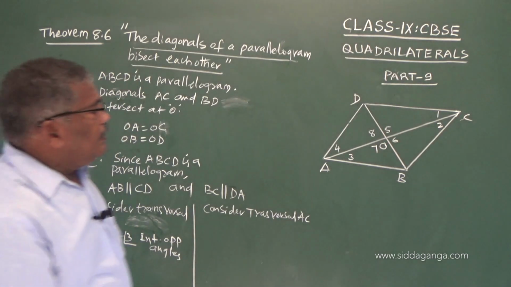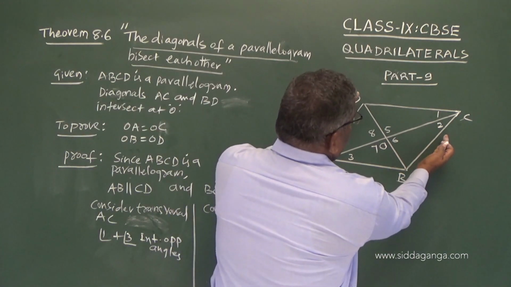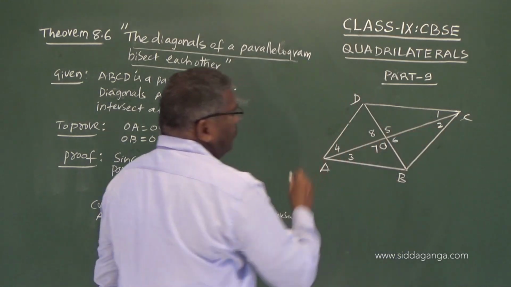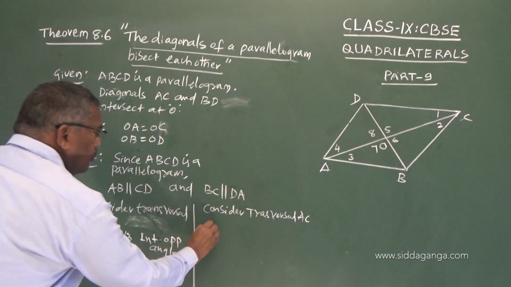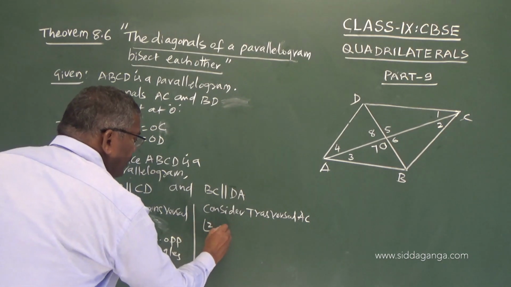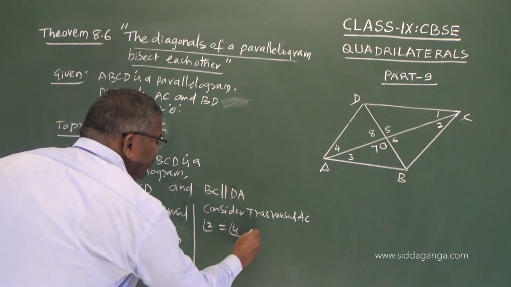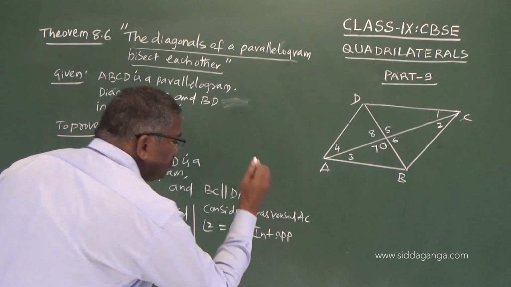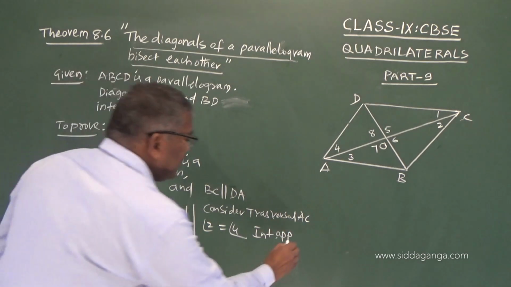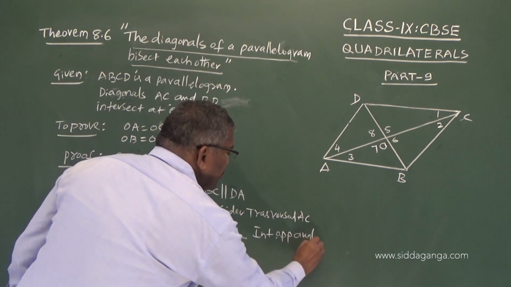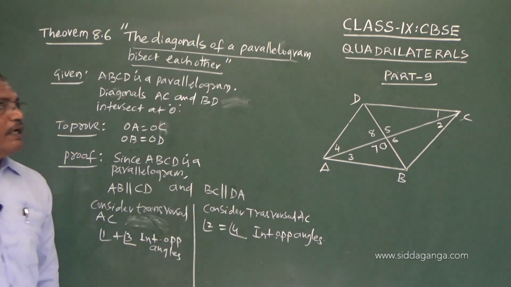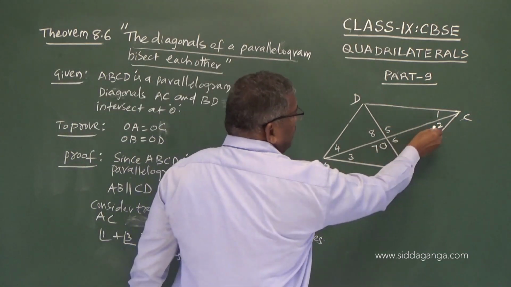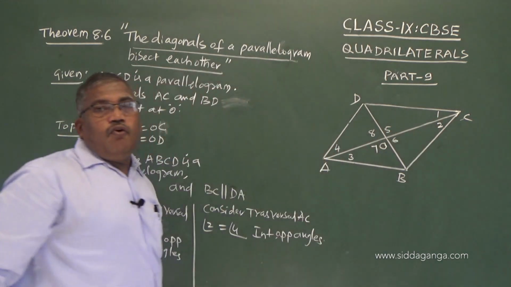So BC and AD, these two lines are intersected, so angle 2 will be equal to angle 4, interior opposite angles. So angle 1 will be equal to angle 3, angle 2 will be equal to angle 4.